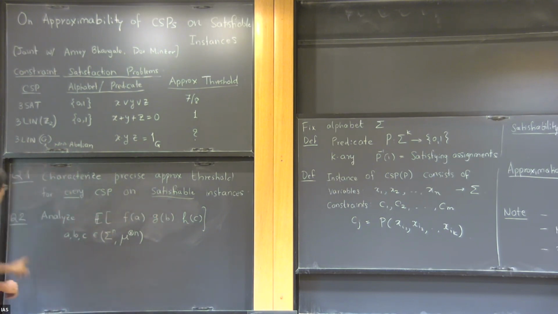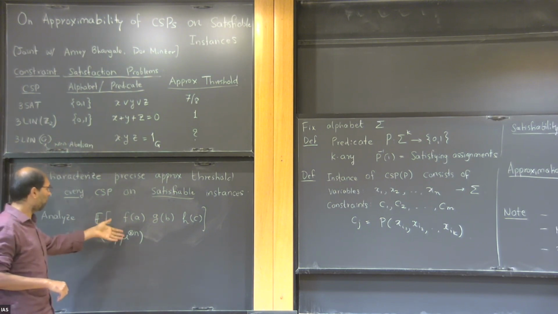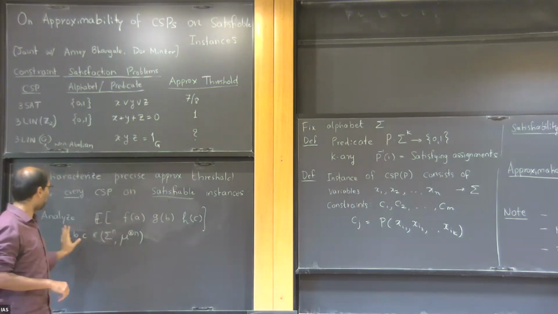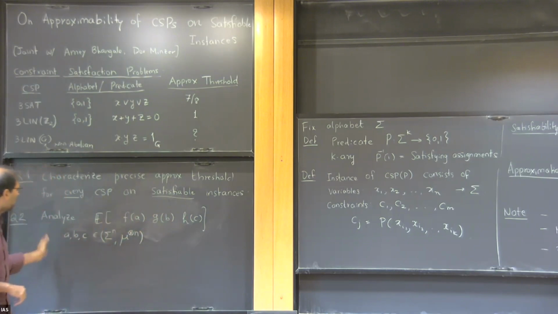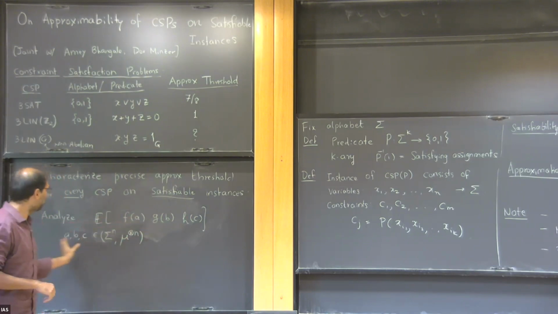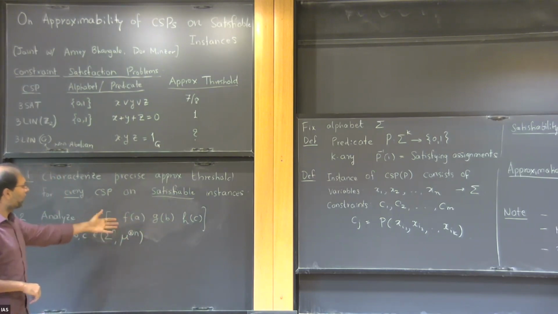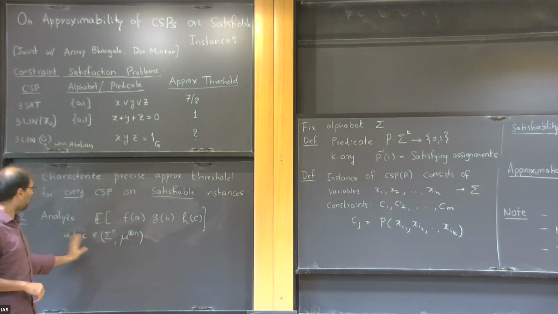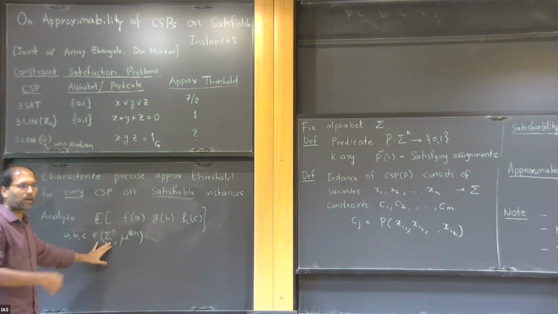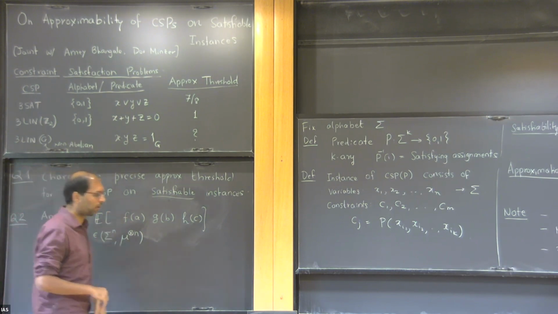And this naturally leads, as we observe in our paper, to a purely analytic question of estimating expectations of this kind, where A, B, C are inputs which have some joint distribution, and they are inputs from some hypercube. So that would be the analytic question.